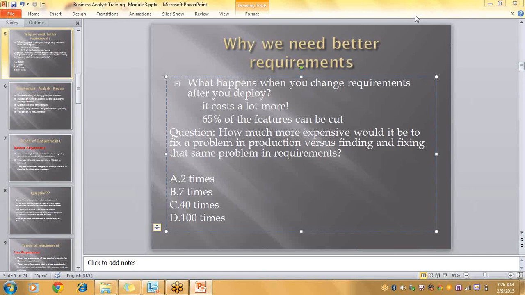Probably you can find more problems in production and go back to the requirement itself, it might be 40 to 100 times, because when I say problem, it might have come from the design or code.